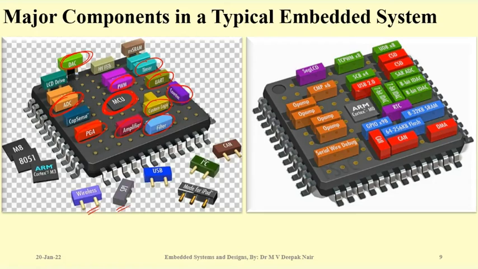So we can say that these are all embedded into one system. So nowadays you might have heard of SoCs, system on chip. Chip means one particular basic IC. System means, you see here, so many things are working together to make a system. It is not just one microcontroller.